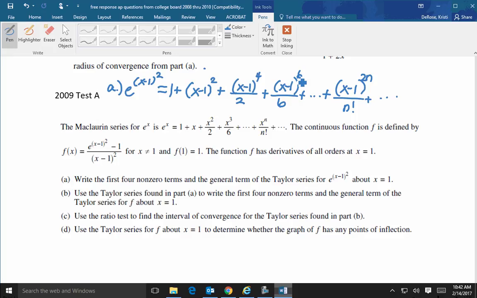Great. Now B says, use what you just did, and now do the first 4 non-zero terms and the general term for F. So now here is my F. Go.